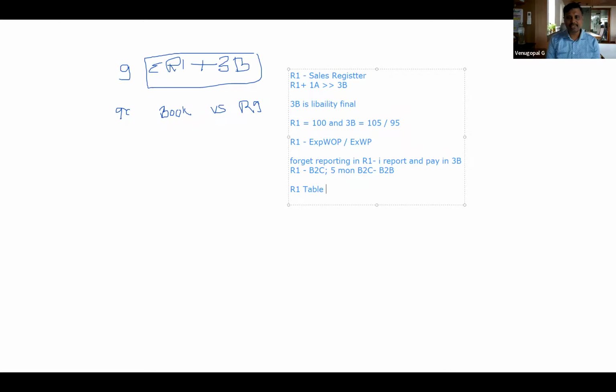You would have done it in table 10. In your table 10, you have reduced the B2C value, and in table 9 you have added the B2B, or you will not even add in table 9, you will do it in table 4, added new B2B. Now, this correction you could have done in April of this year also, or March of last year also.